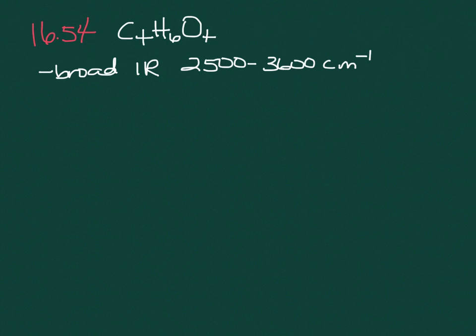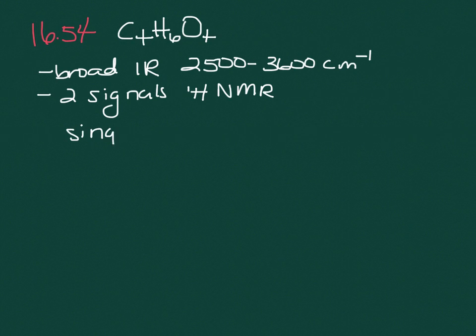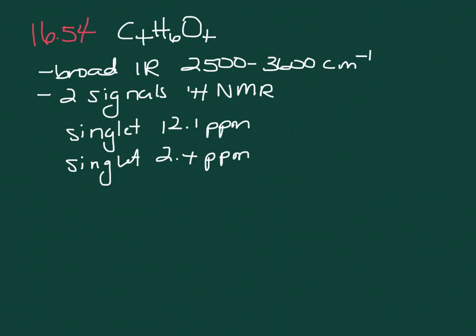In addition, we have 2 signals in our proton NMR. We're going to have a singlet at 12.1 ppm, and we are going to have a singlet at 2.4 ppm. They both integrate for 1 hydrogen.